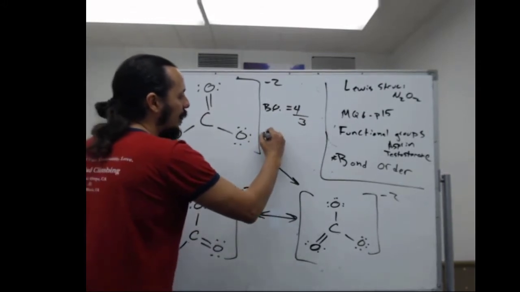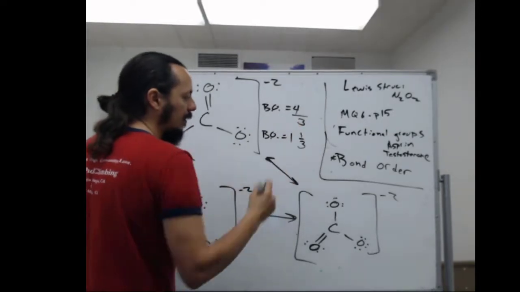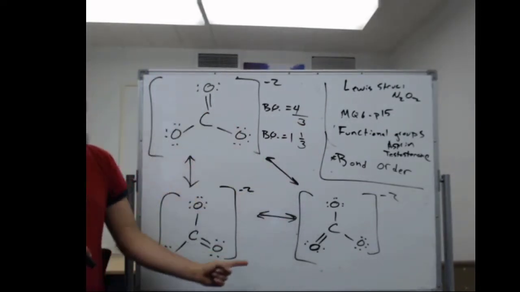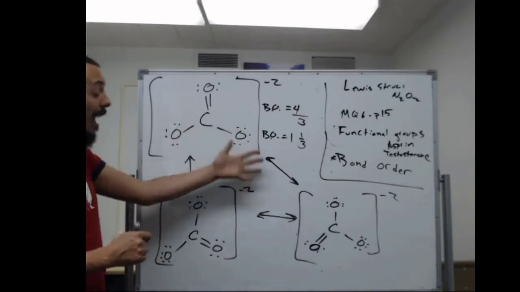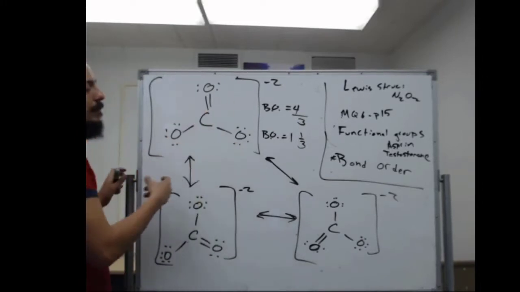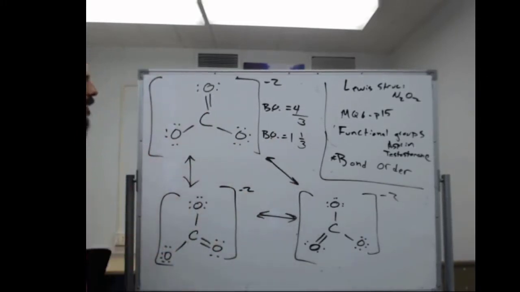So we end up with a bond order of 4/3, or 1 1/3. So we have to recognize how many resonance structures are possible in the compound, and understand how the electrons are dynamically moving in order to get to the correct bond order.